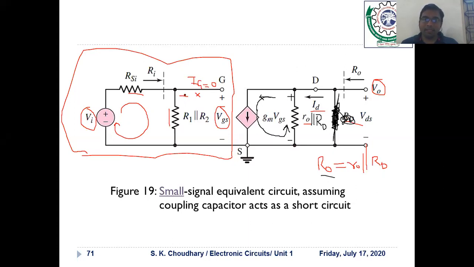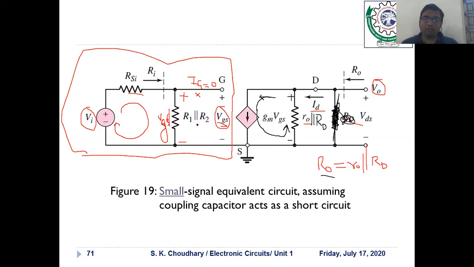VGS is the voltage drop across the R1 parallel R2 terminal. So this is your VGS, the voltage drop across R1 and R2. Now you have to find this out, so apply the potential division rule. According to the potential division rule, VGS is equal to what?